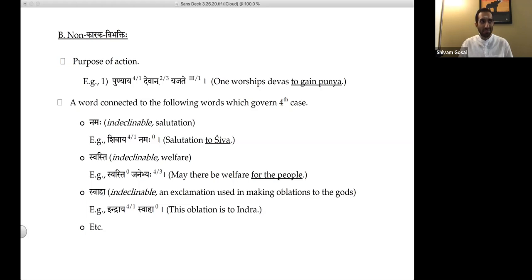We saw in Bhadram Karnebhih, you see the word Swasti there too. So Swasti Janebhyaha. Swasti means welfare or auspiciousness. So who is the object of the welfare? The people. So it's may there be welfare for the people.